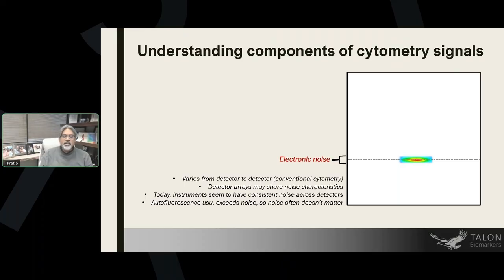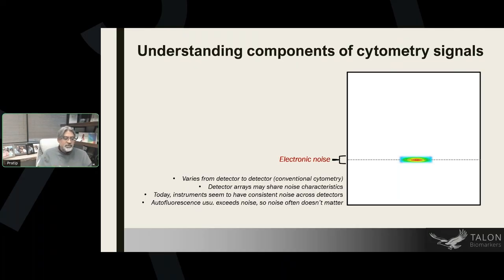So the first component of a cytometry signal is the electronic noise, and this is the noise that the instrument just inherently has when it's running. This varies from detector to detector, especially in conventional cytometry. In spectral cytometry, oftentimes detectors are produced as arrays, and so these arrays of detectors may actually share noise characteristics, and in that case the electronic noise will be similar across many of your detectors.